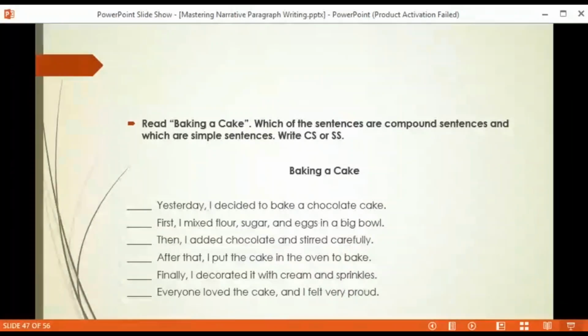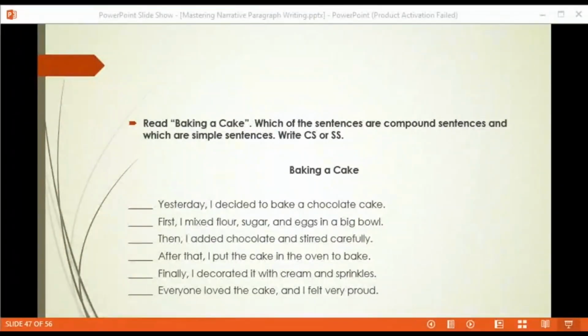Read baking a cake, which of the sentences are compound sentences and which are simple sentences. Now it is ordered. We don't need to read to order it, but we are going to decide which sentence is compound. Read the sentences. We have 6 sentences.